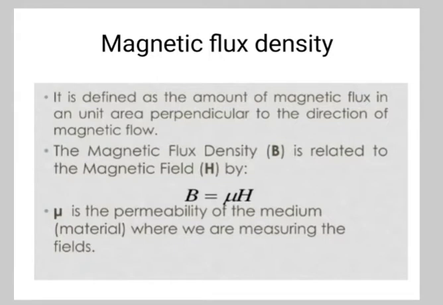And the next is magnetic flux density. It is defined as the amount of magnetic flux in a unit area which is perpendicular to the direction of magnetic flow.